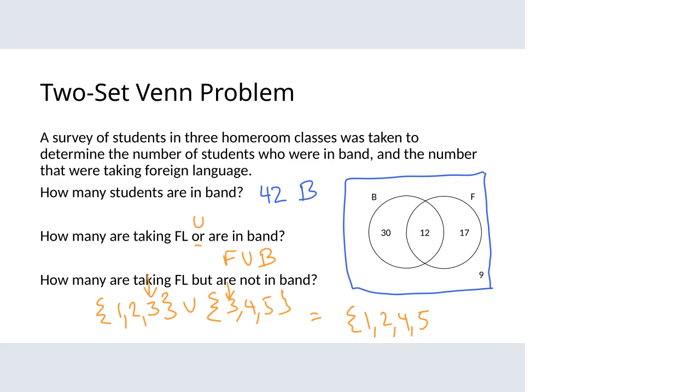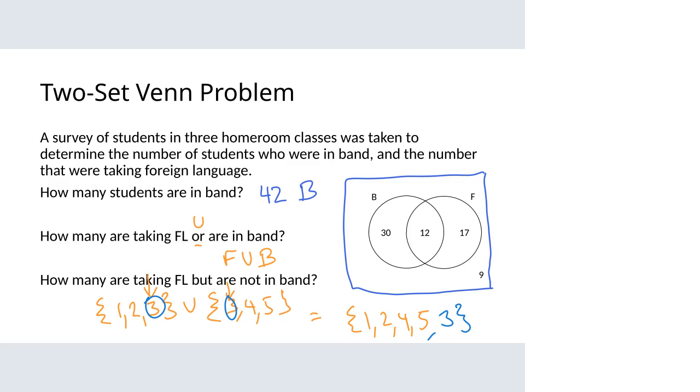If I do the union of those two sets, should the 3 be in it? Yes or no? Yes, it should. So when I join two sets together, the elements that are in both sets need to be a part of the union. When I join them together, the ones that are in both need to be in the union.